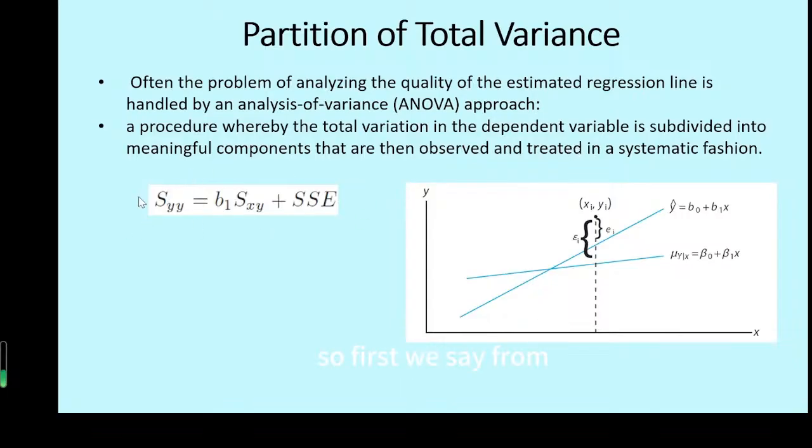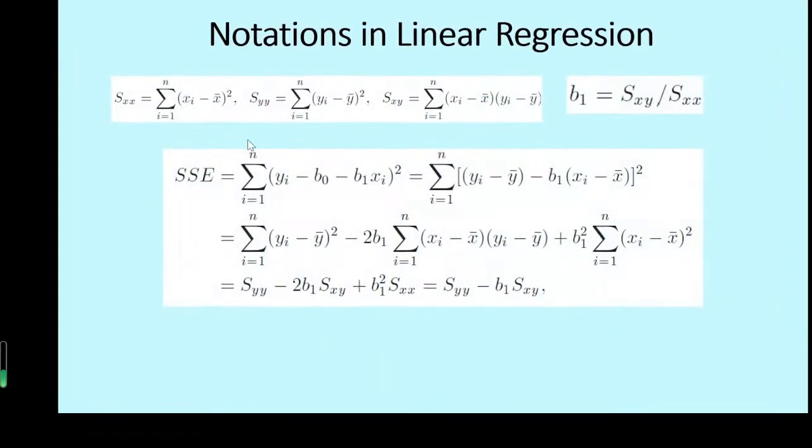First, from the linear regression estimation we can get this equation: SYY equals B1 times SXY plus SSE. Here B1 is the slope coefficient, and SXX is the sum of x against its mean value, squared, and SXY is the sum of the cross product of x and y against their means.